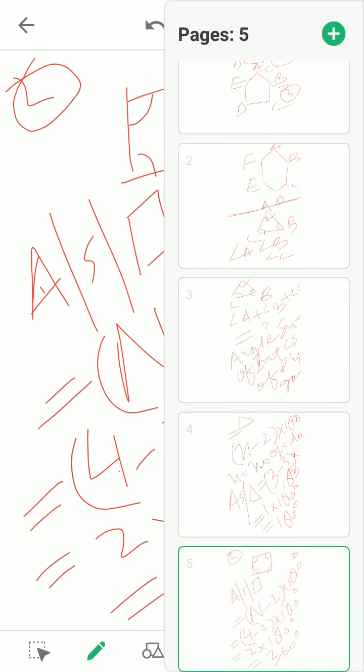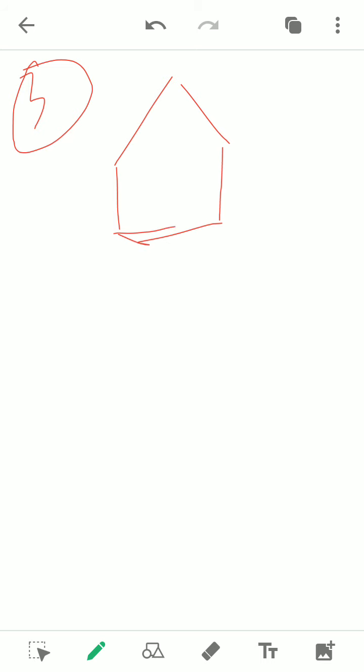Let's move to the third example. For example, this is a polygon, polygon number 3. It has how many sides? 5 sides. 1, 2, 3, 4, and 5. Okay, this is the pentagon.